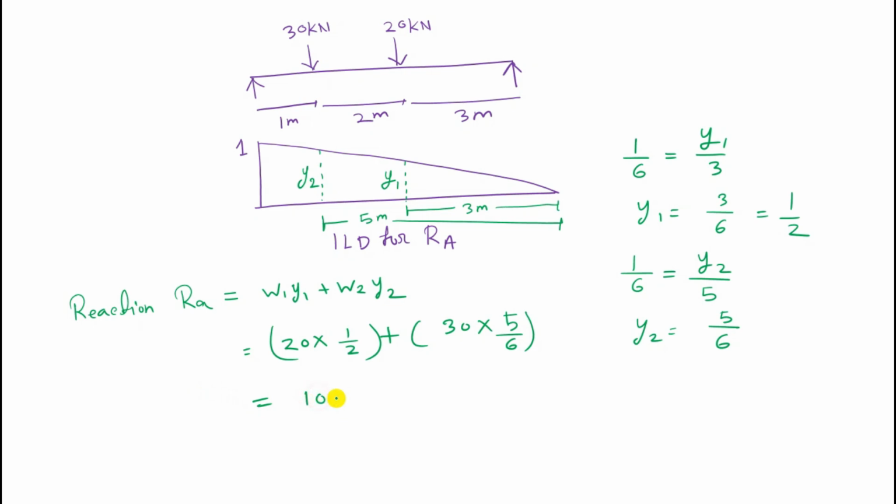So this is 10 plus 25, that is 35 kilonewton. So reaction RA will be 35 kilonewton.